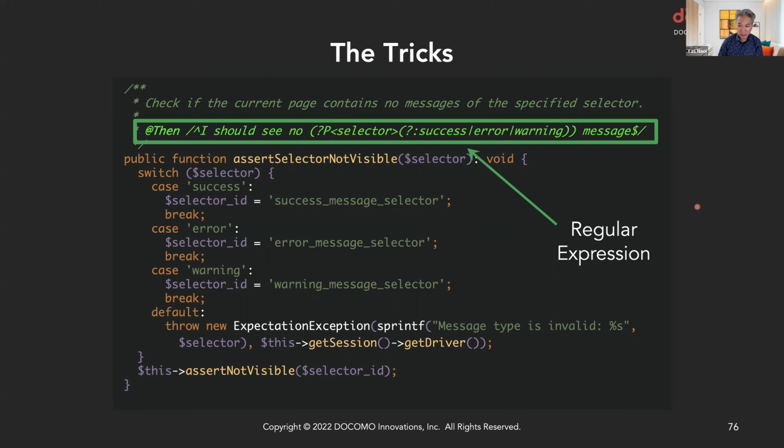Because those extensions already define most of the major operations for web access, such as input text field, turn on checkbox, click a link, and so on, we can use Behat out of the box.